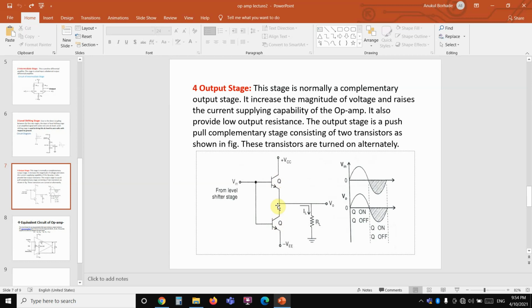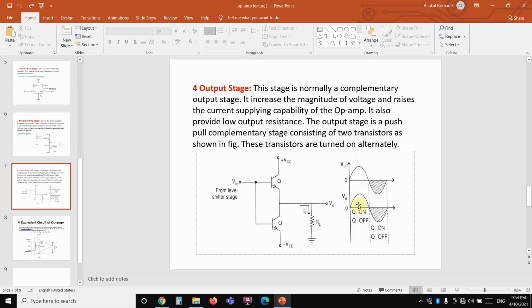And this stage provides most of the gain, and it provides low output resistance. Due to that, what happens? The current supplying capability increases. Therefore, we get the maximum amplified signal at the output.